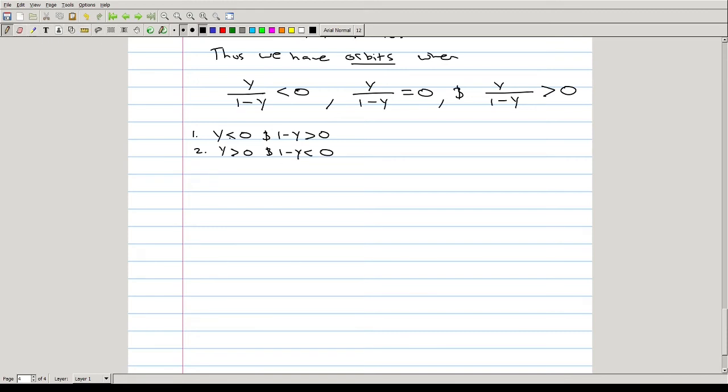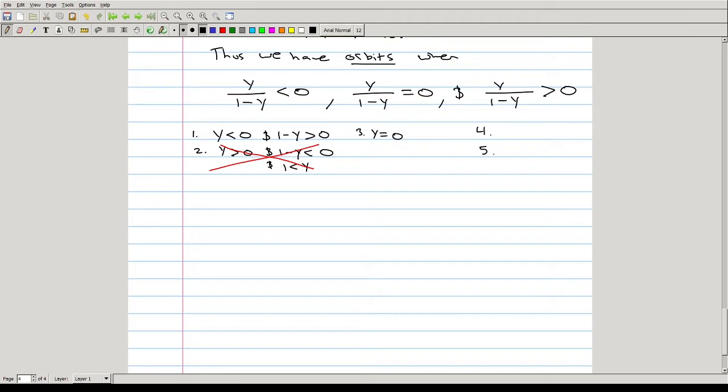But you might immediately see a problem with this. In order for this to be true, y would have to be greater than 0 and 1 would have to be less than y, which is a contradiction, so we can't have this be true. This is only satisfied when y is equal to 0.